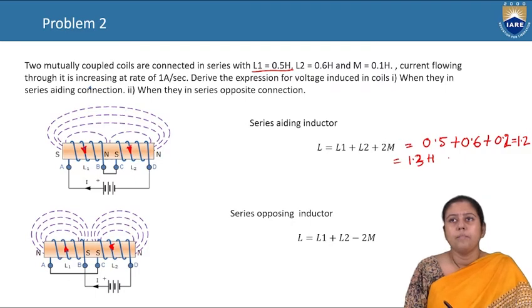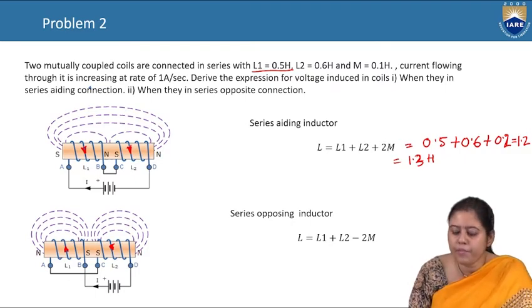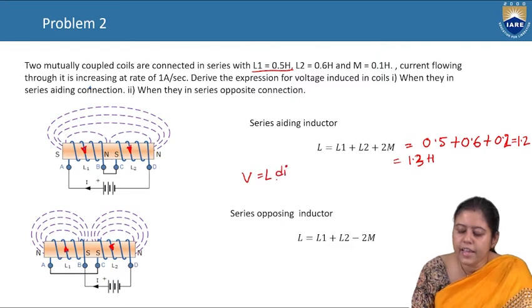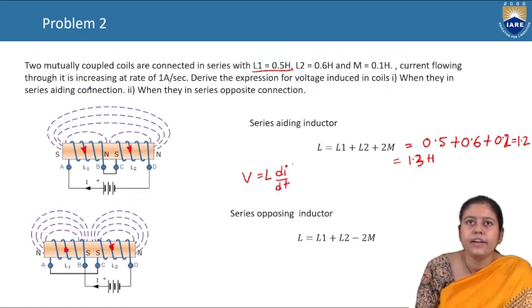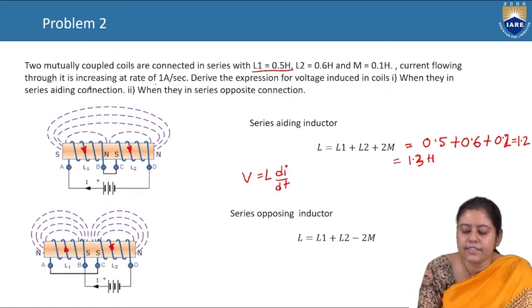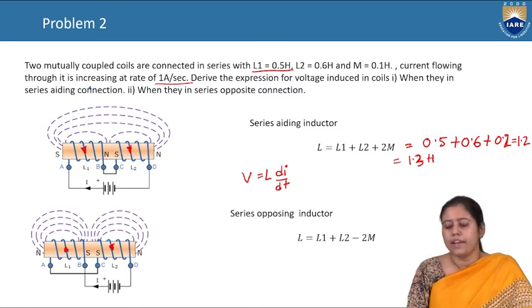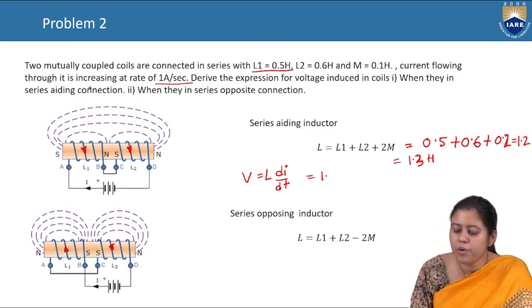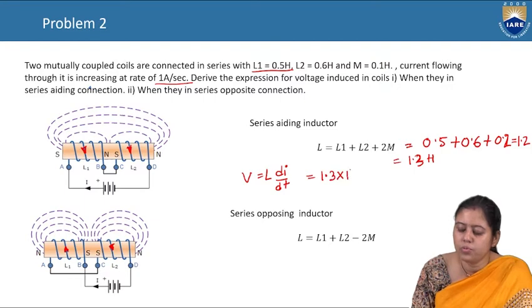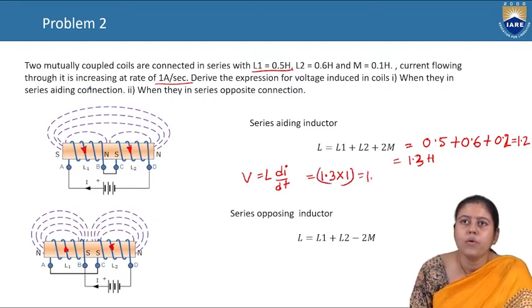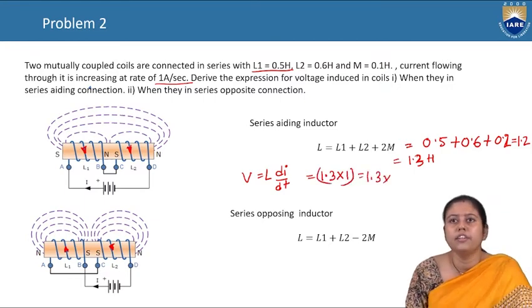So it is 1.3 Henry. So what is the voltage? We know voltage is equal to L di by dt. Rate of change of current is given 1 ampere per second. So we will get 1.3 into 1 is equal to 1.3 volt.